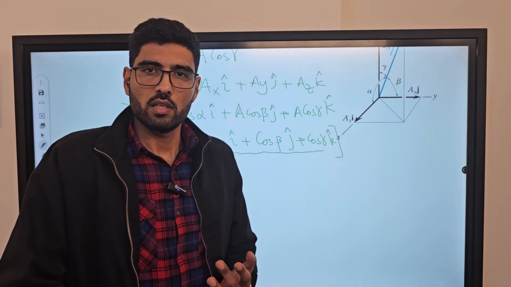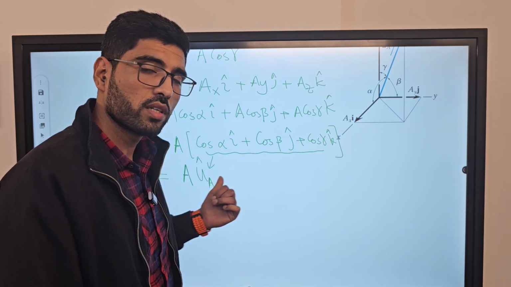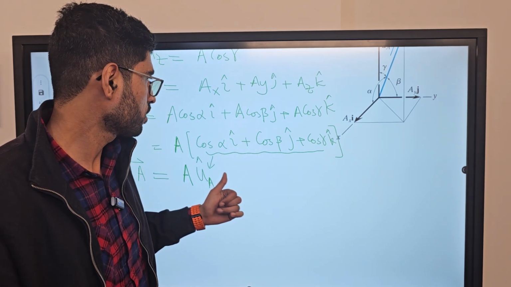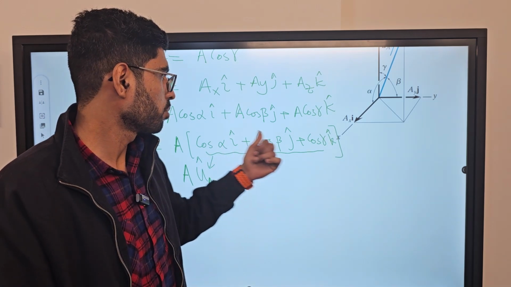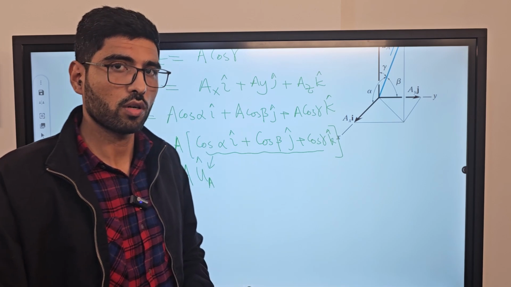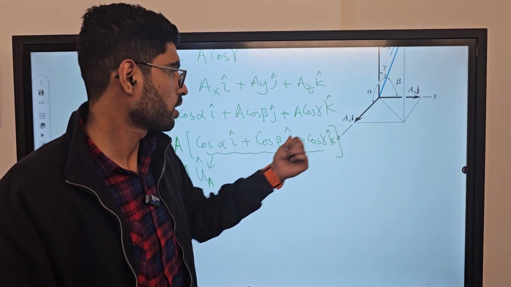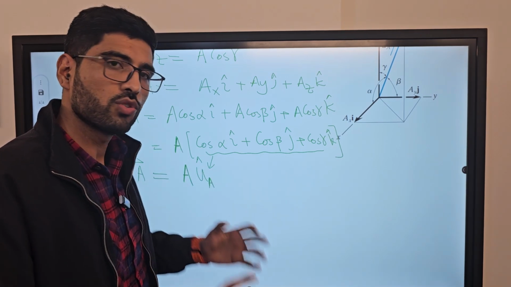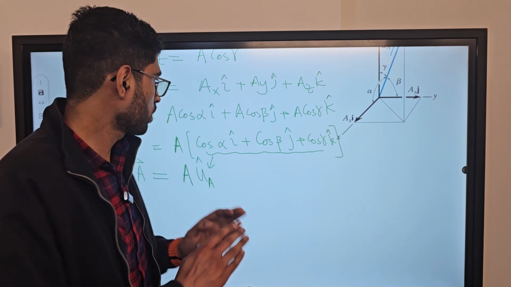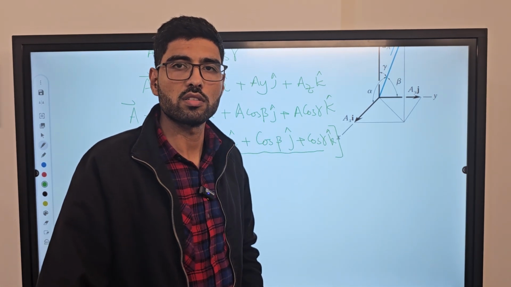So in any engineering statics problem, if we are given a unit vector, we can always find alpha, beta, and gamma, the angles with the x, y, and z axis respectively. The components of a unit vector are cos alpha, cos beta, cos gamma.